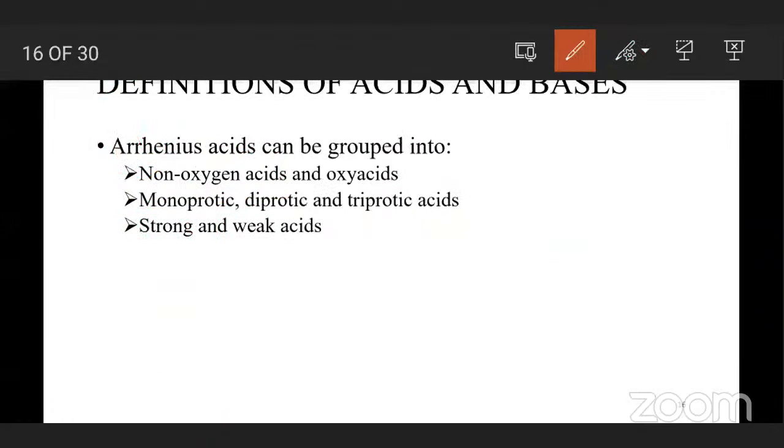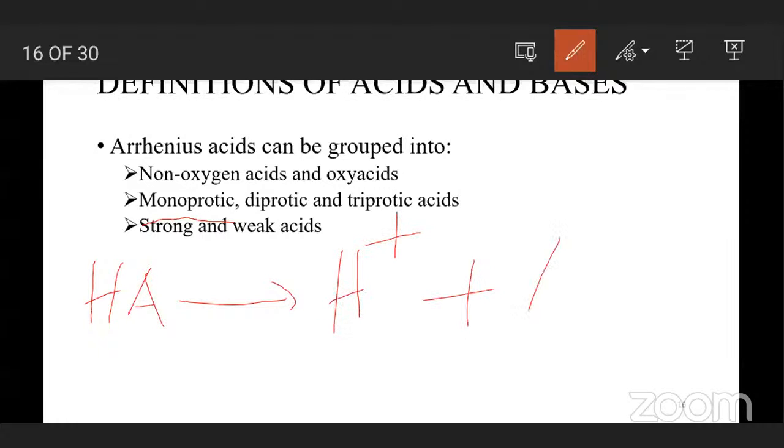Okay, then let's look at monoprotic acids. Monoprotic acids have one ionizable hydrogen ion. Let me take this hypothetical case. Maybe we'll have HA dissolving in water to give us this hydrogen ion and this anion. If this acid releases just one proton in solution, it implies that this acid is monoprotic.